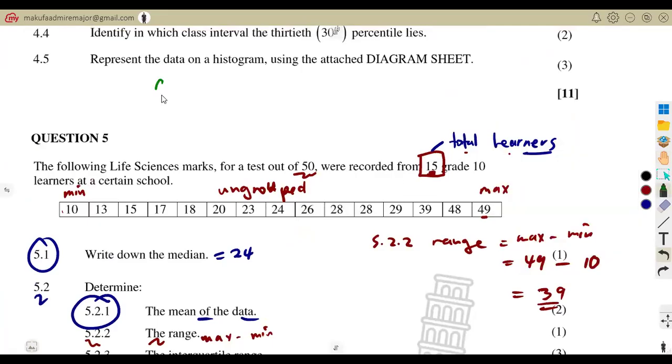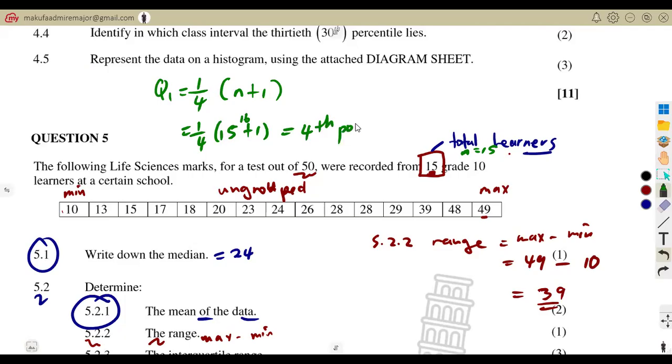How do you determine Q1? First, we need its position. Lower quartile is a quarter of the distribution, n plus 1. This is ungrouped, so you have to use n plus 1. Please take note, n plus 1. N is the number of x values, the data that you're given, which is 15, as we saw before. So it is a quarter of 15 plus 1, which is 16, and a quarter of 16 is 4.